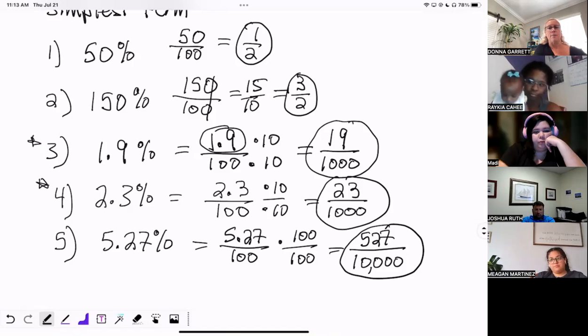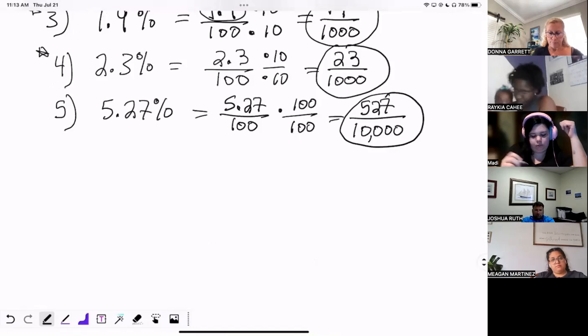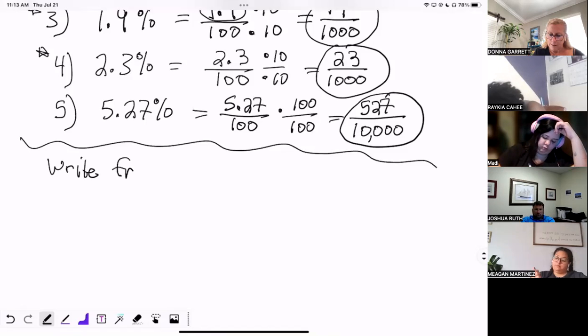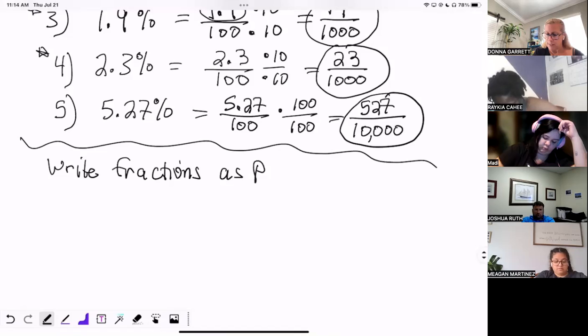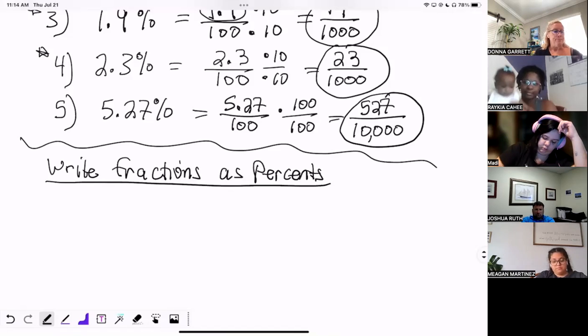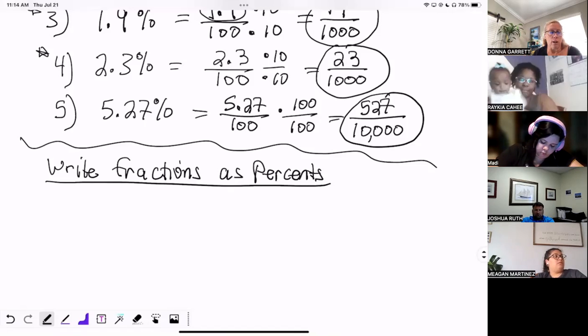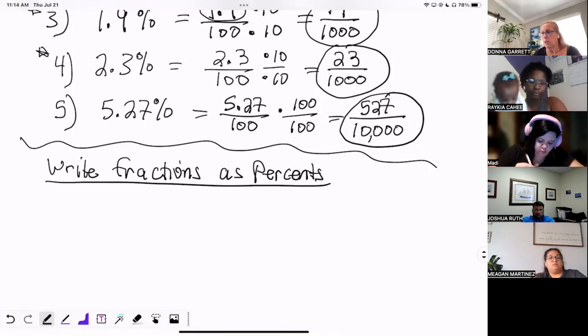Awesome. Okay, now we're going to write fractions as percent. There's a couple ways to do them. This is probably what we're going to finish here, but I'll probably come back to it.